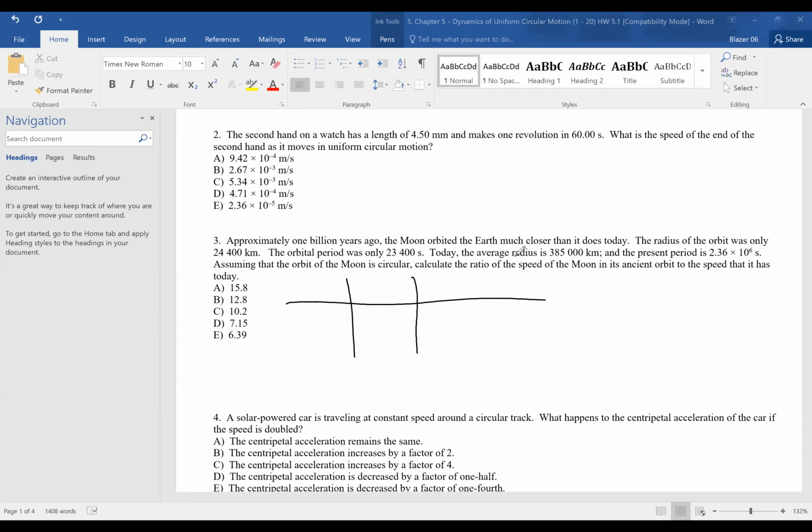Today, the average radius is 385,000 kilometers, and the present period is this.